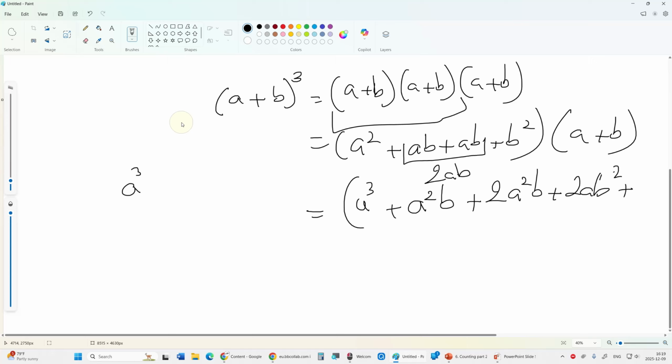I'm almost done because I did this one multiplied by a and by b. Now I need b square times a, that means ab square, plus b cube.